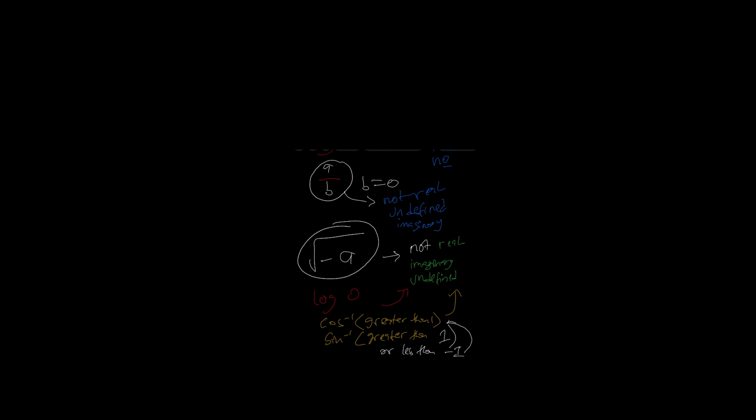If a number less than negative 1 is plugged into the cosine inverse function, we get either an unreal number or an imaginary number. We use these rules here to help us in finding the domain of any function at all. Let's list them correctly here.